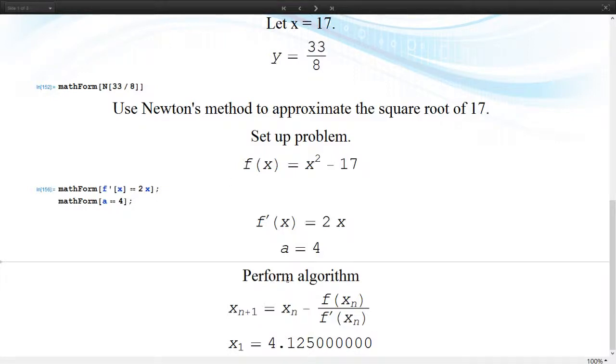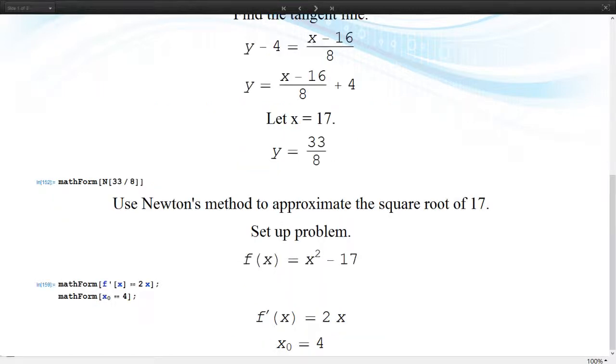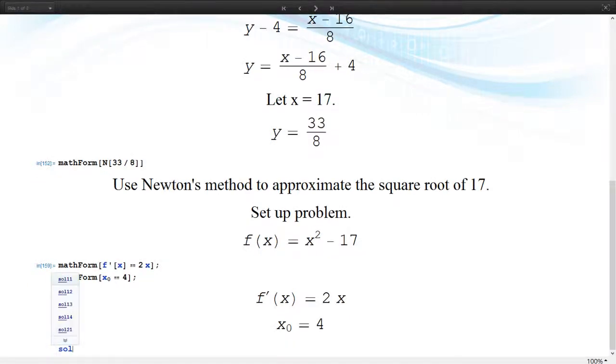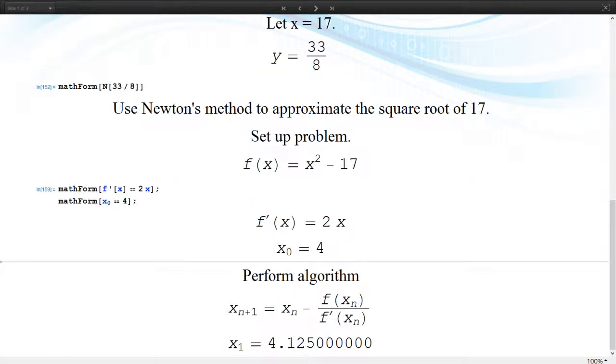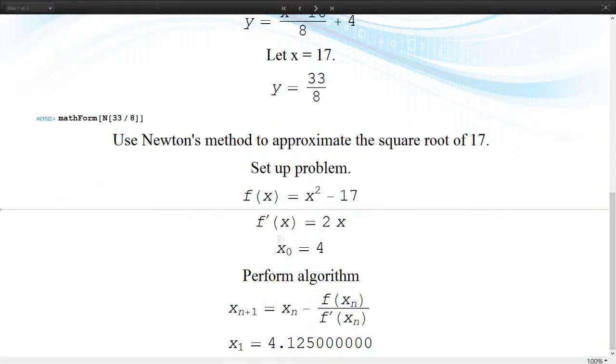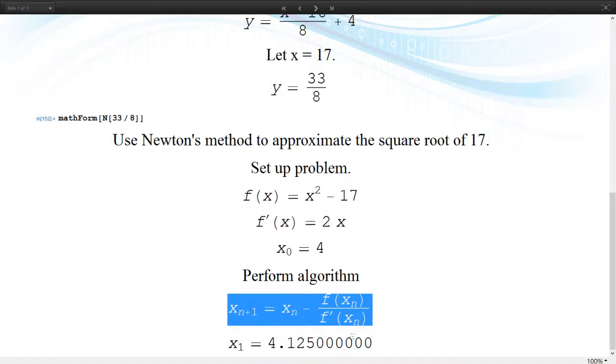So now that we have our first guess, let's call this x sub 0. Our first guess, x sub 0, is going to be 4. We have our function, and we have our derivative. And so we plug them into our algorithm.